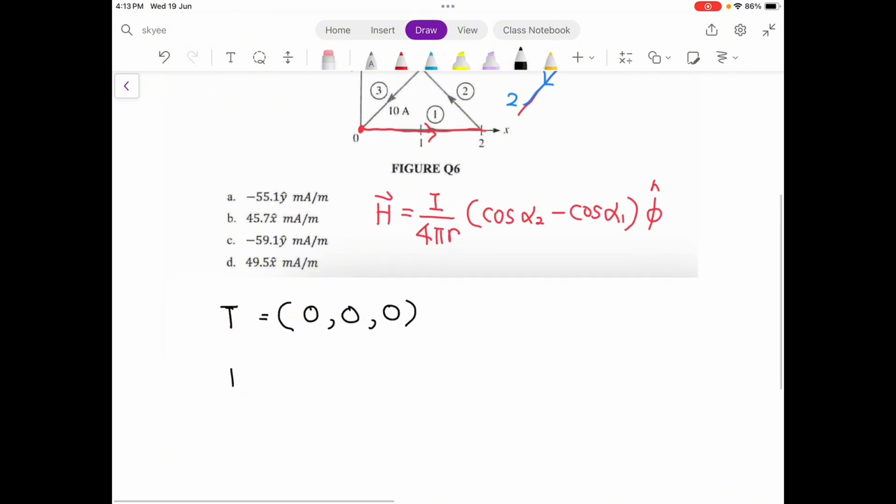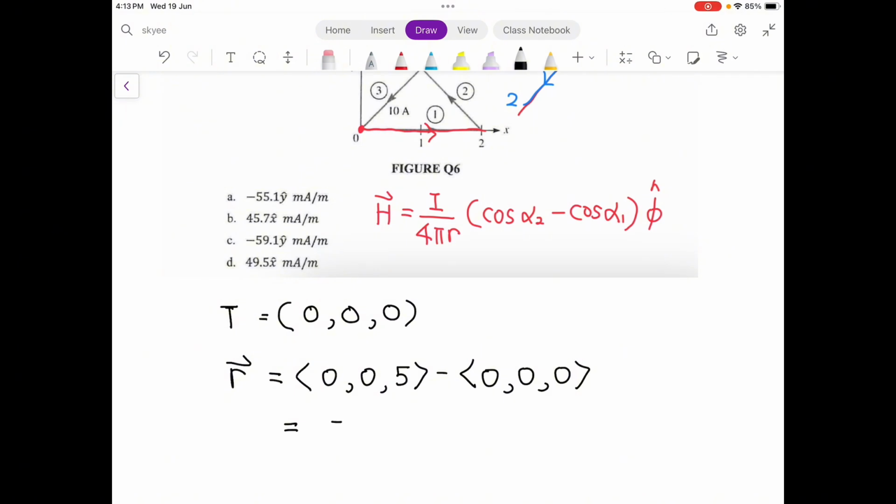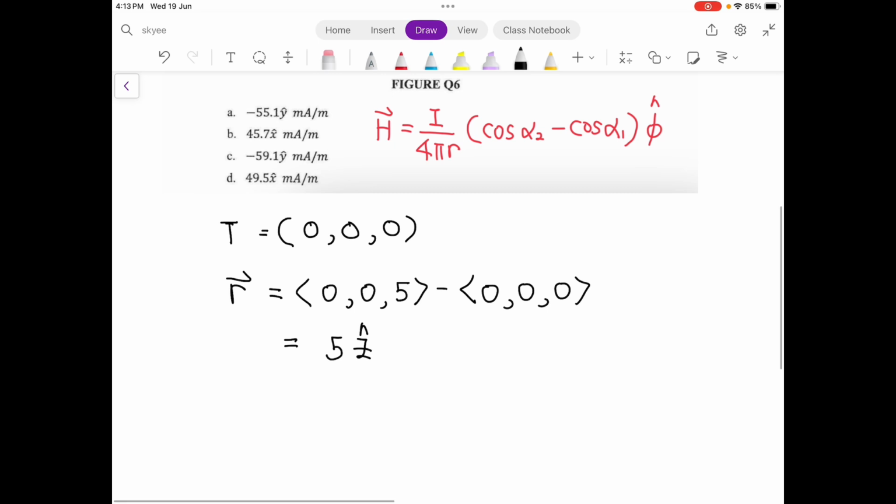So our R will be 0, 0, 5, the observation point minus the point T. So we will have 5 Z. So the distance R will be 5, and the unit vector R will be Z.